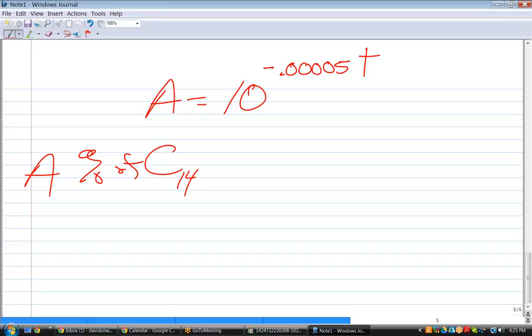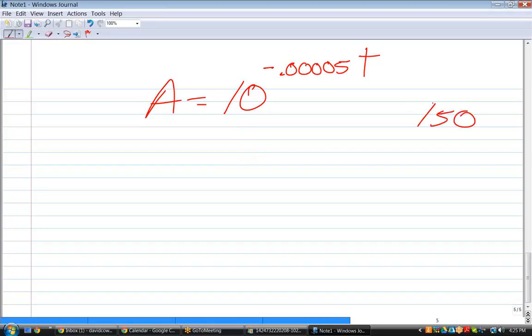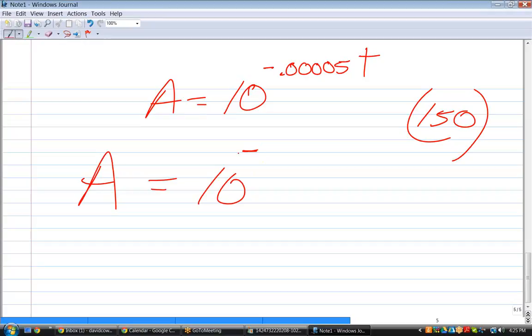Okay, so they must give you an A, and they want to know how old it is, right? Which would be t. No, they actually give you a t. Okay. And the t is 150. Well, multiply 150 by that decimal. So we have A equals 10 to the minus, let's see, 100 would move it over to that.